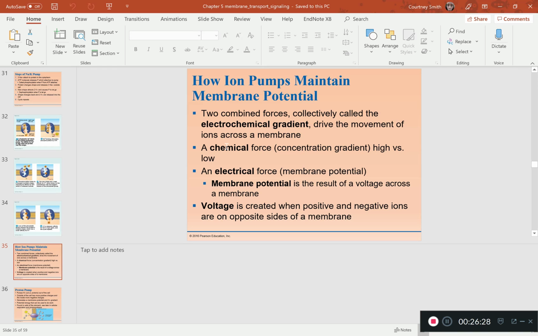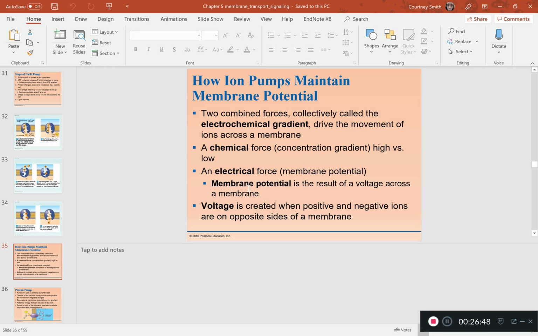This is the way that we actually maintain membrane potential. We have chemical and electrical forces. The chemical force has to do with the concentration gradients, whether it's high or low inside or outside of the cell, whereas membrane potential has to do with the voltage traveling across the membrane.